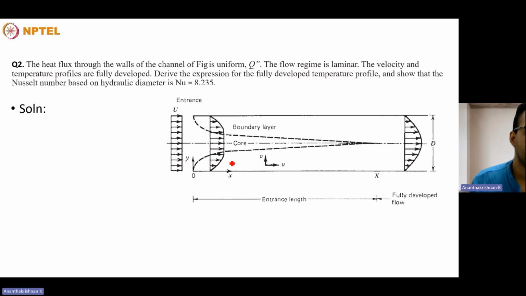Okay, we can see the solution to the problem. We need to prove that the Nusselt number is equal to a constant 8.235.